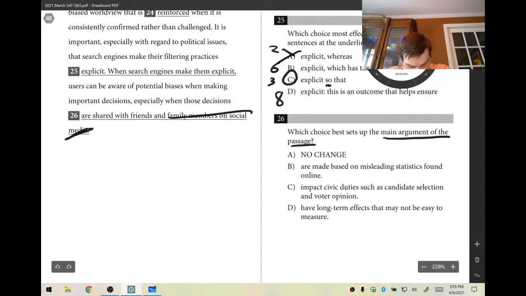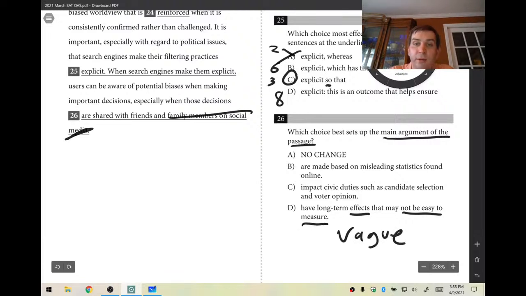What is the main argument of the passage? Would it be that those decisions have long-term effects that are not easy to measure? I'm going to say that's extremely vague. What is the main point of this passage? It's C.